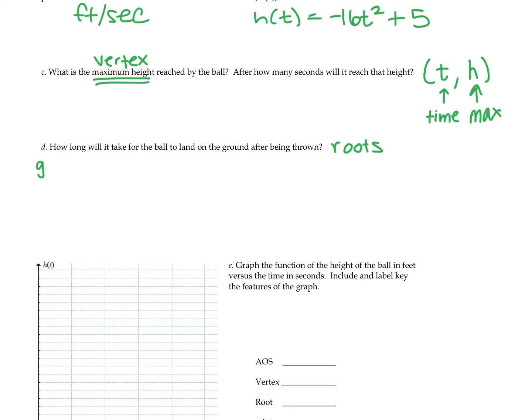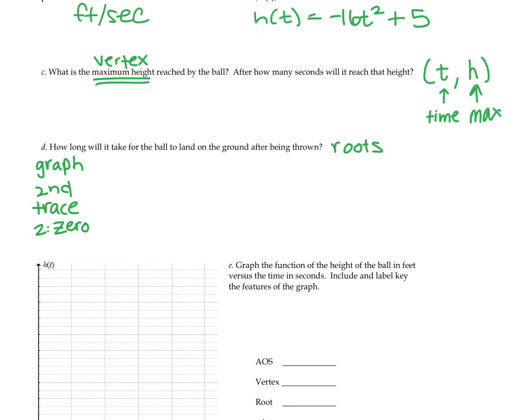So if you graph this and then you click second trace, which is that top row of buttons, that brings up a bunch of options where you can find the zero. You could also find the maximum for the previous question using that. So choice 2 is zeros.